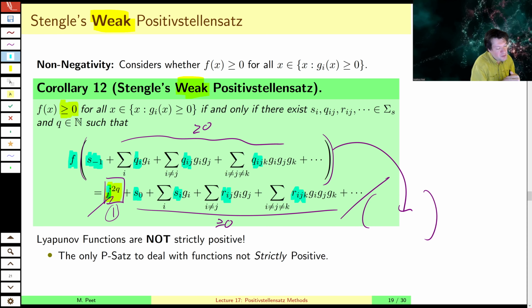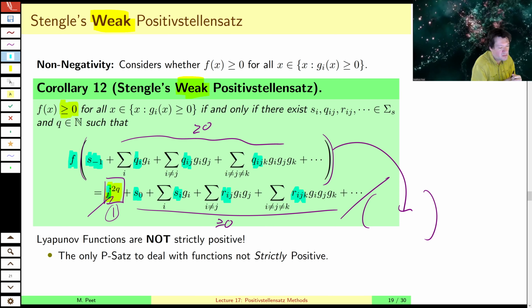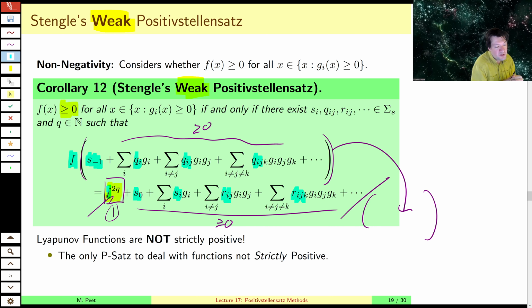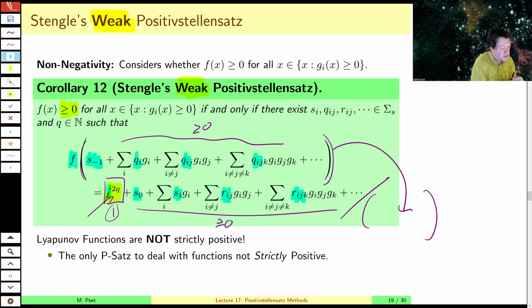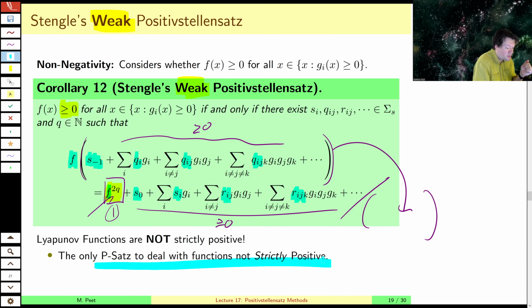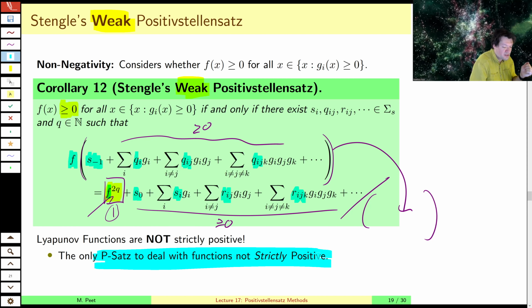So neither version of Stengle's Positivstellensatz are we going to actually use much, unless you're solving polynomial optimization problems per se, and in that case you don't care about the strictness of positivity very much. But in any case, this is the only Positivstellensatz that I'm aware of which deals with functions which are not strictly positive.